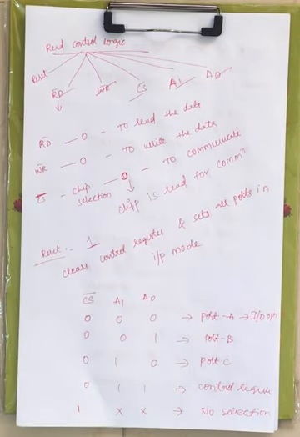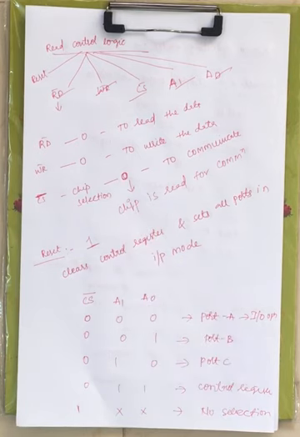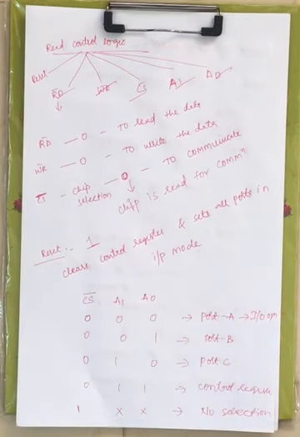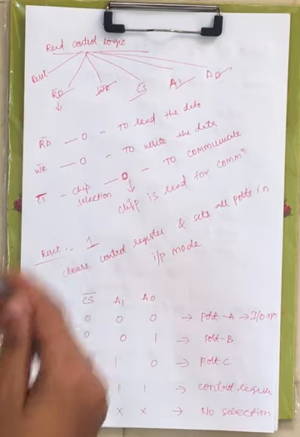Now coming to chip selection. When chip selection is 0, it indicates that 8255 is ready for communication with the microprocessor. A1, A0 are the address lines; based on these address lines, we can select port A, port B and port C. And reset is an active high signal.